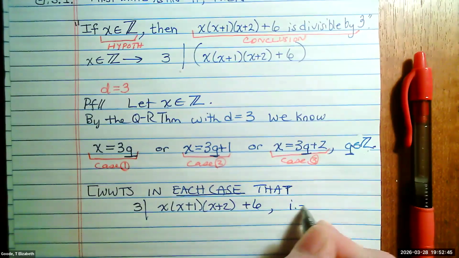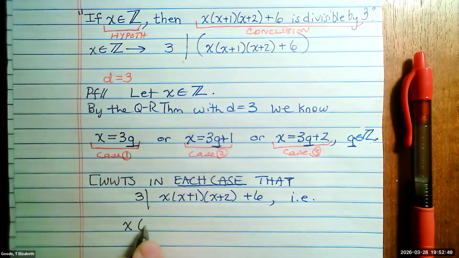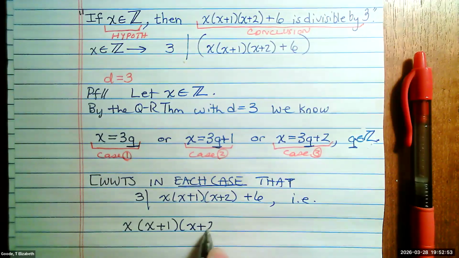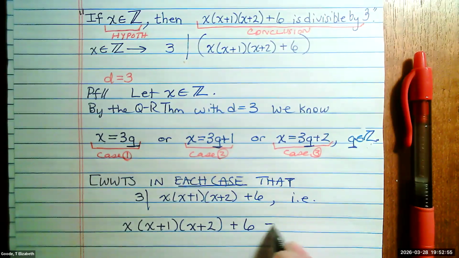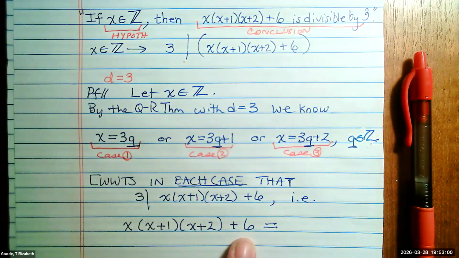Let's just dig into that and then we'll be done. That means x times (x plus 1) times (x plus 2) plus 6 looks like what? What does it mean to say 3 divides that?